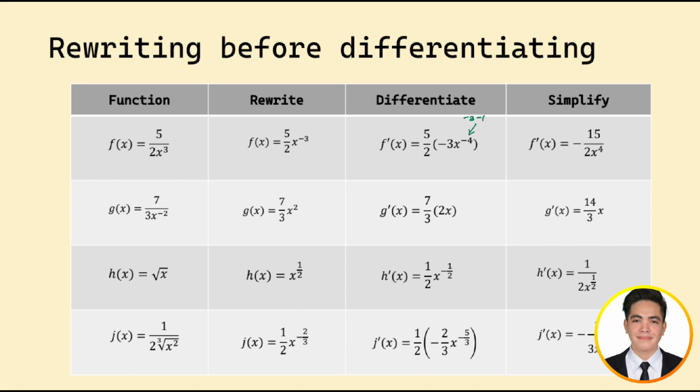Next example is g of x is equal to 7 over 3x raised to negative 2. So, again, yung x here is nasa denominator and it has a power of negative 2. So, ilalagay natin sa taas yung x squared para magiging positive. So, same idea with the first example.